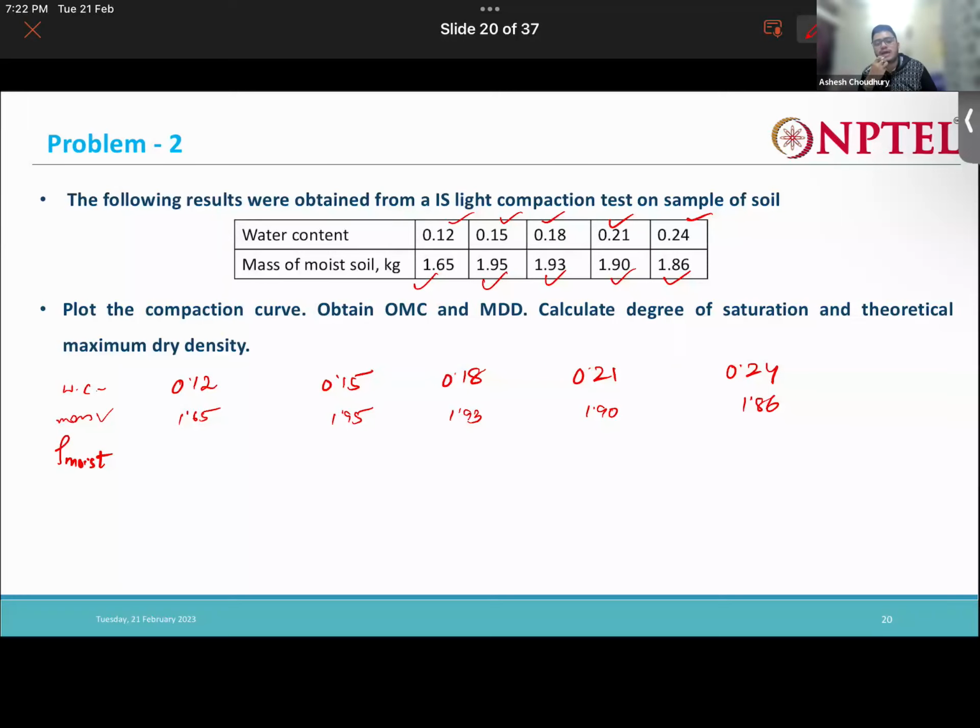What is the volume for the IS light compaction test? 1000 cc, which means 1 liter. So it is 1.65, 1.95, 1.93, 1.90, 1.86.